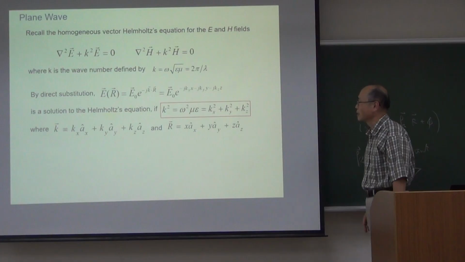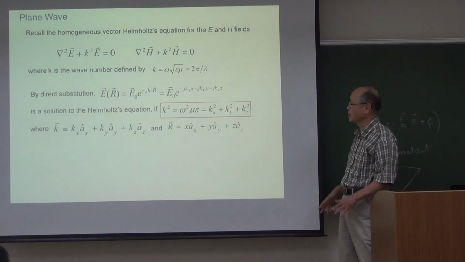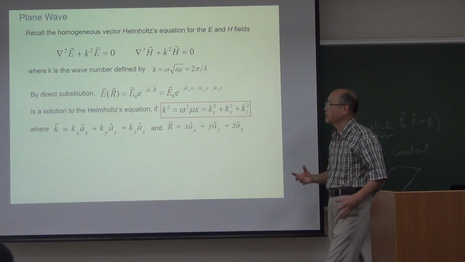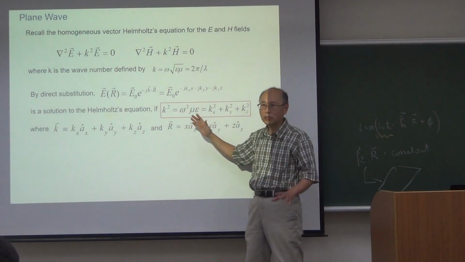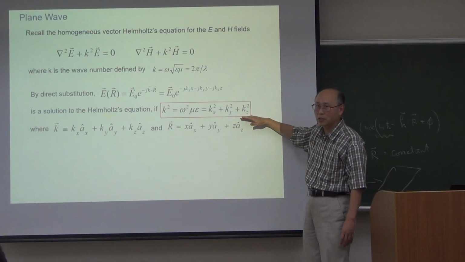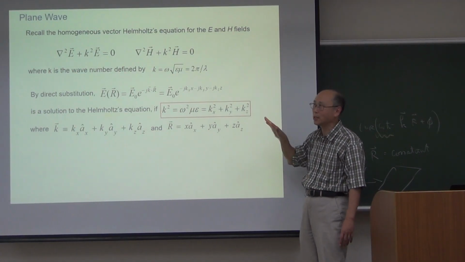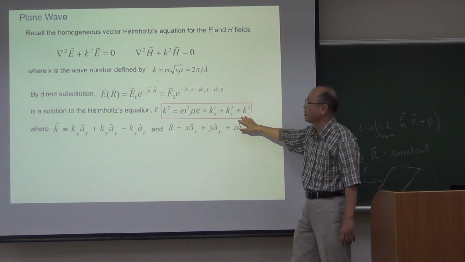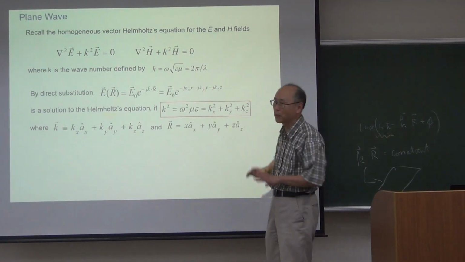Okay, and so you start to see that if you have some guessed solution, it has to satisfy this Helmholtz equation, and there's a certain condition it has to satisfy, and this condition is going to be used later. Okay, when we set the propagation directions. Because this is relevant to the propagation direction of the plane wave.